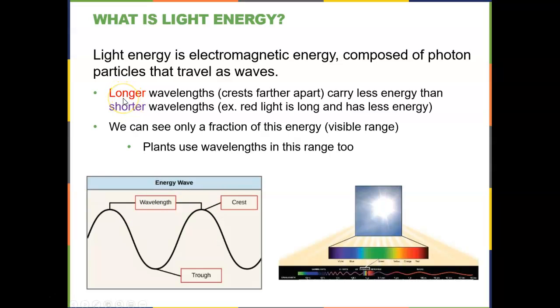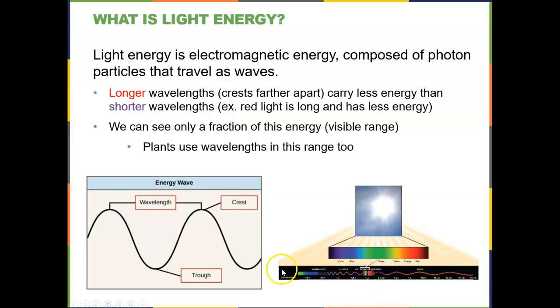Light with longer wavelengths, crests further apart, has less energy than shorter wavelengths. For example, red light has longer wavelengths and less energy than violet light, which has shorter wavelengths and more energy.